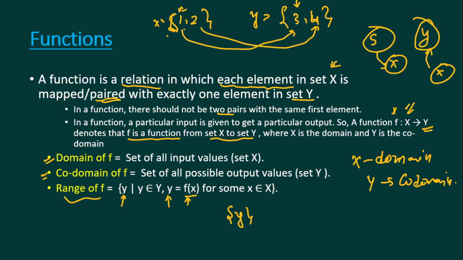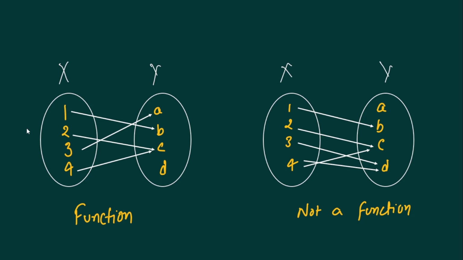Let's not get confused with it. Let's see an example which tells us what is a function and what is not. Here you can see this is set x and this is set y. Each element of set x is mapped to a single element in y.